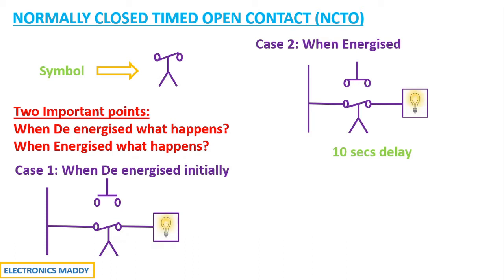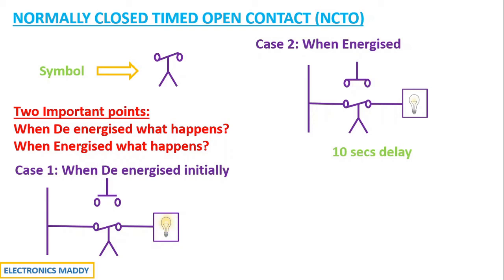So if you're setting it for 10 seconds, for example, in this case, it starts counting 10 seconds from 0, 1, 2, 3, and up to 10 seconds it waits. After 10 seconds, what happens? It will open its contact, and as a result, supply to the load will be cut off and the light will stop glowing. Previously it was glowing, now it is not glowing. So this is one important observation. This is exactly opposite to NOTC.